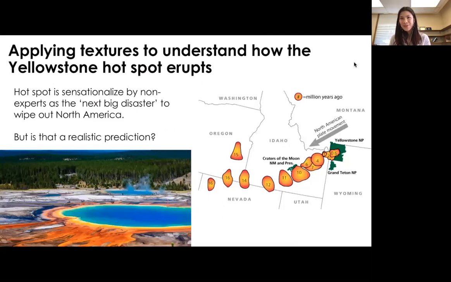That's not really where we're at. And we can use the rock textures and these mineral textures to actually figure out, is that a realistic prediction, or is this magazine just spouting nonsense?